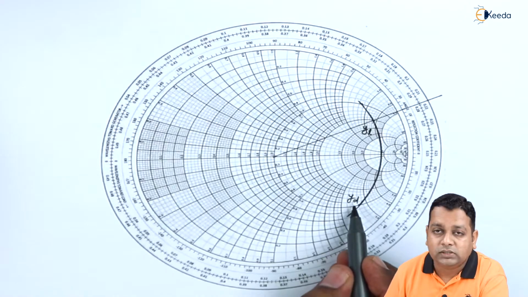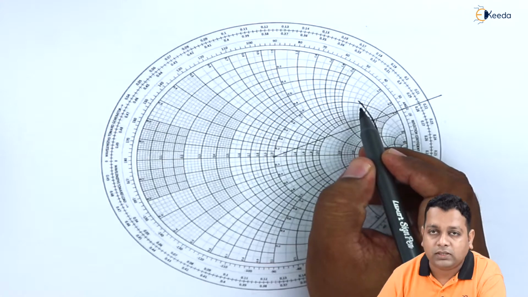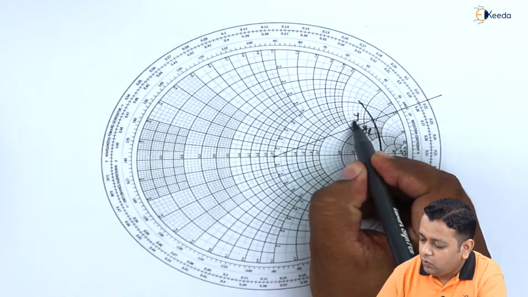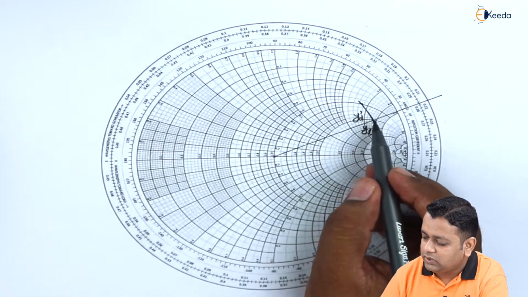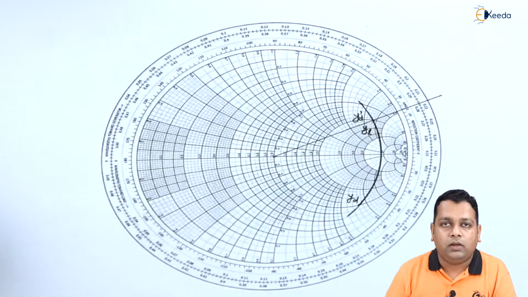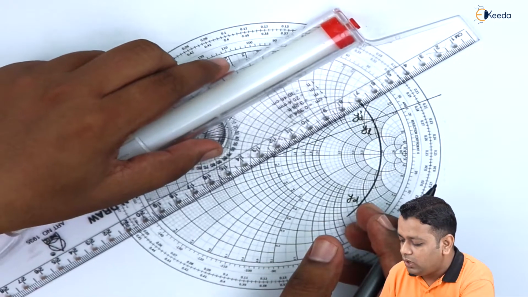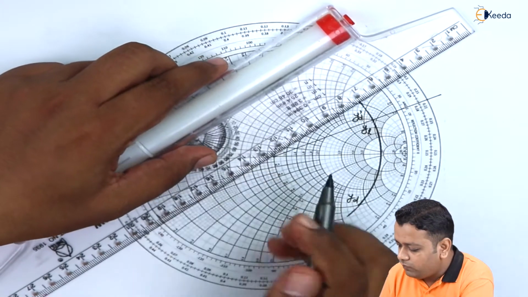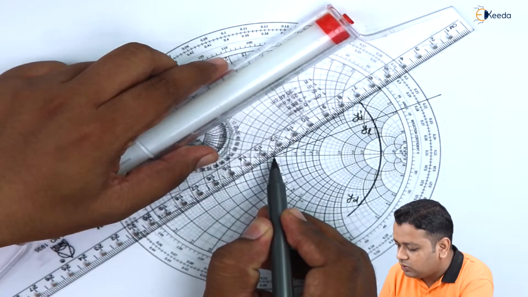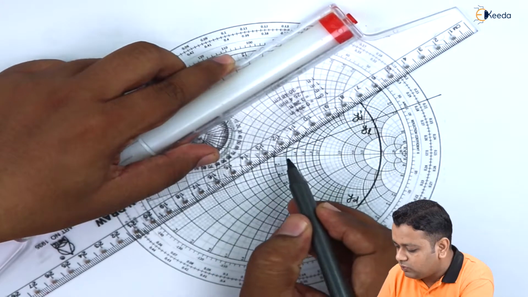So as this is the point we have marked y suffix d, this is the point we can say is nothing but y suffix d dash here. So this is y suffix d dash onto the another side. Now we shall be joining these points with respect to the center of the Smith chart here. So let us have the center of the Smith chart at r is equal to 1, and this is the yd dash point.